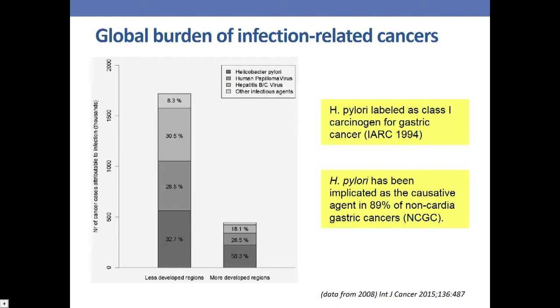You know, we have above that Hep B and C associated with hepatocellular carcinoma, HPV, and other infectious agents. So this has led the World Health Organization to label H. pylori as a class 1 carcinogen for gastric cancer, and specifically non-cardiac gastric cancers, where it's been implicated as causative in 89% of cases.